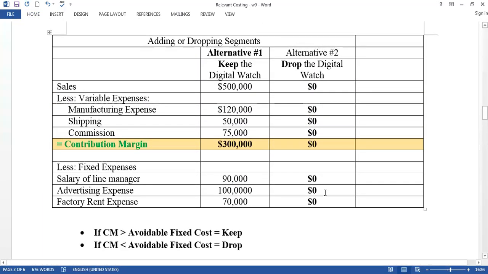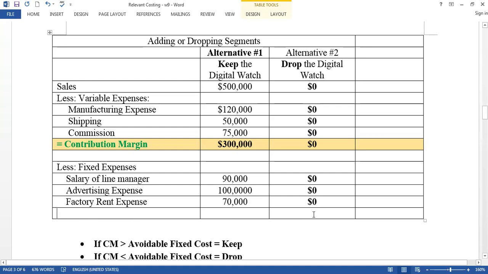Now, based on this information, make a decision whether you will keep it or drop it. We already know the contribution margin is $300,000. Now, what is the avoidable fixed cost? It is higher or lower? How much is the avoidable fixed cost?